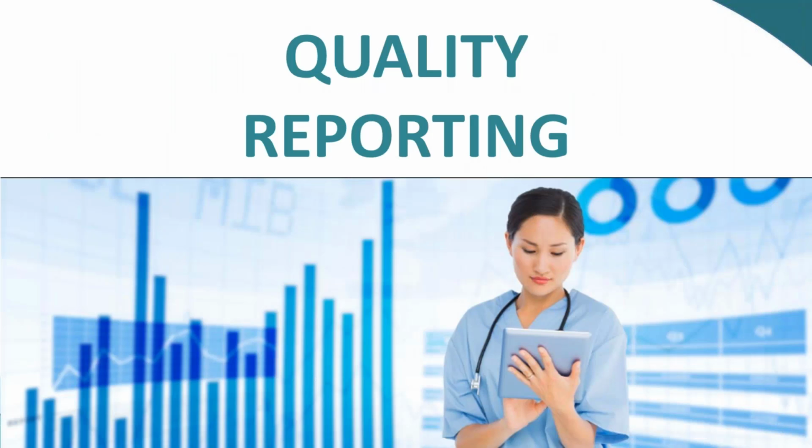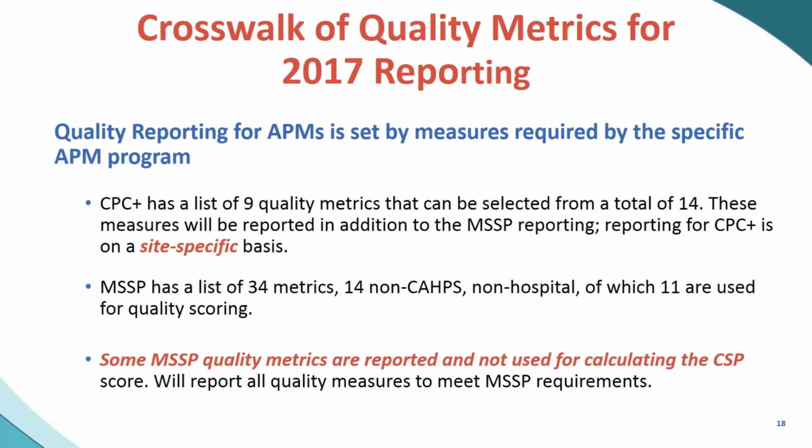Okay, now on the quality reporting, I just want to show you for a minute how the quality reporting for the ACO fits in with the MIPS reporting, just so you have some idea of how you score. Because as you know, the scoring is pretty significant on quality when you're getting judged for MIPS.